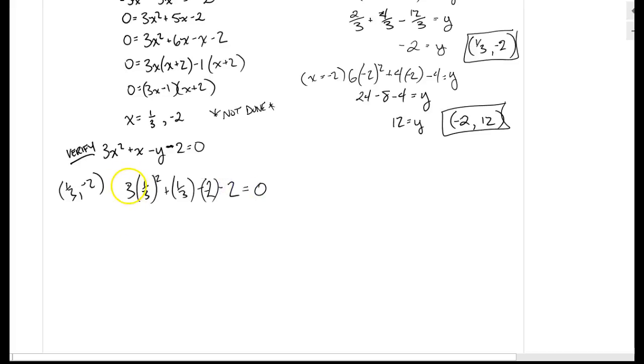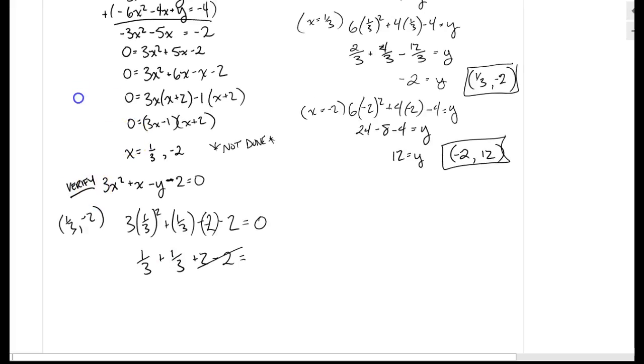So I've got 3 times the 9th, which is a third, plus a third, and then we've got plus 2 minus 2. Those cancel out. And so I'm getting something funny's going on here.